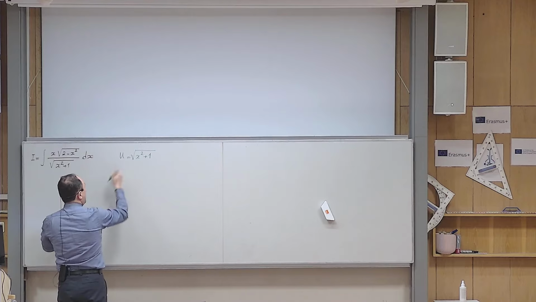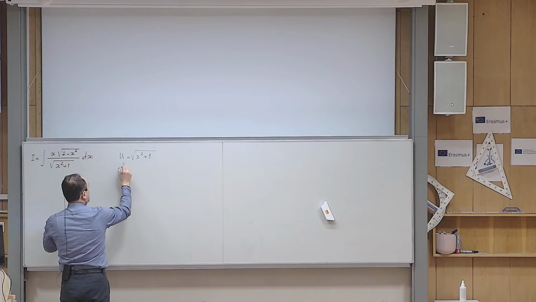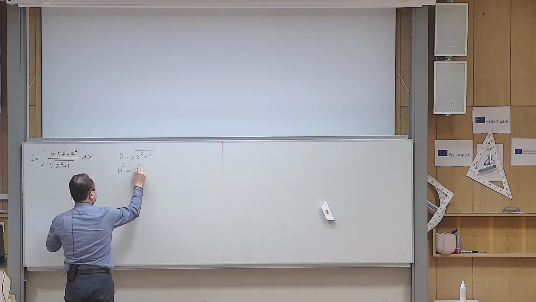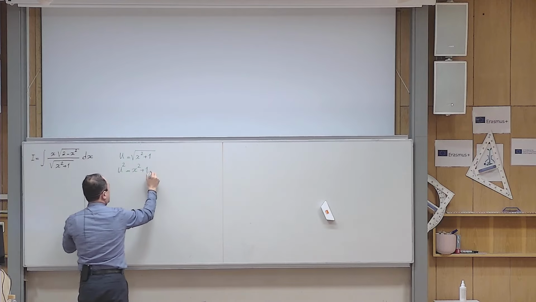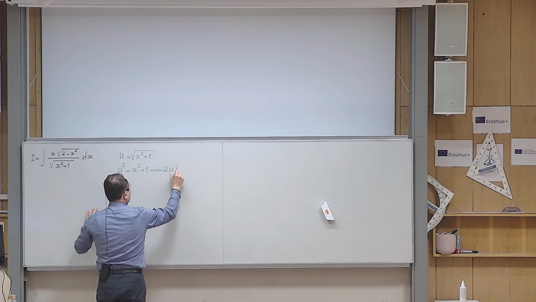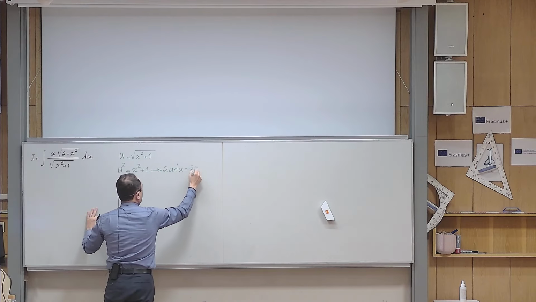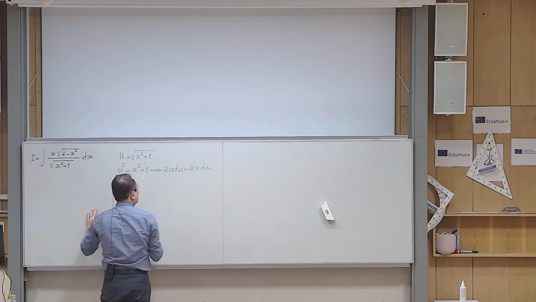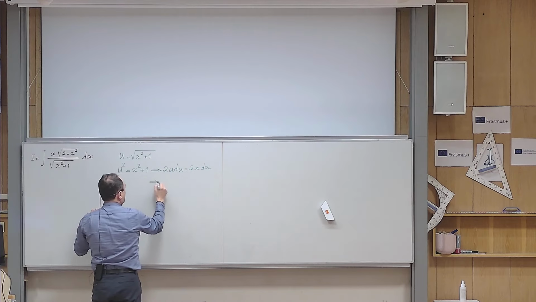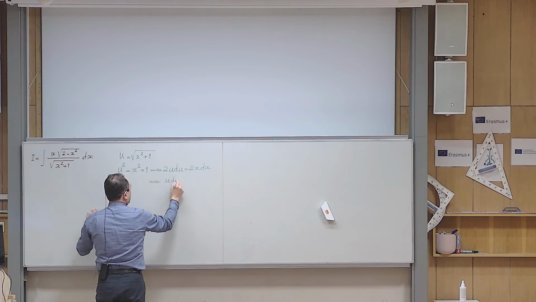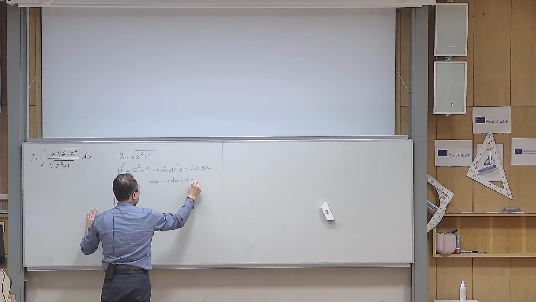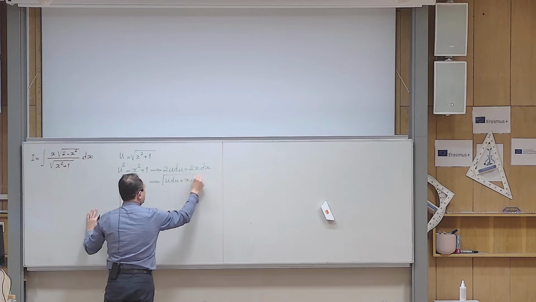Then I raise both sides to power 2, so u squared becomes x squared plus 1. Then I differentiate side by side. This becomes 2u du, and that one becomes 2x dx. Because I need x dx, I divide both sides by 2, and I have my combination here.